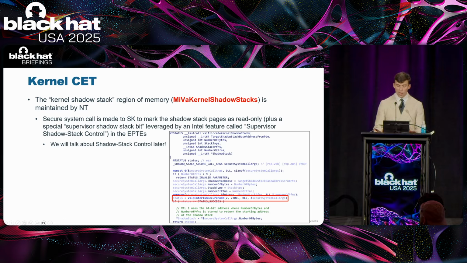So the common example is a thread is created, new stack is created, then we need to create the shadow stack. We make an inline call to the secure kernel through the secure system call interface that enlightens the secure kernel, hey, here's where we want this new shadow stack allocation to reside, and please mark it as read-only. But then additionally, a special bit, which we'll talk about later, called supervisor shadow stack bit, which is part of an Intel feature called supervisor shadow stack control.